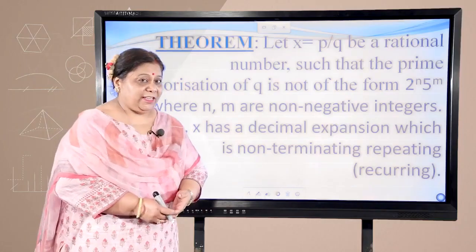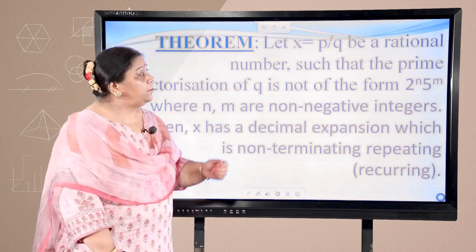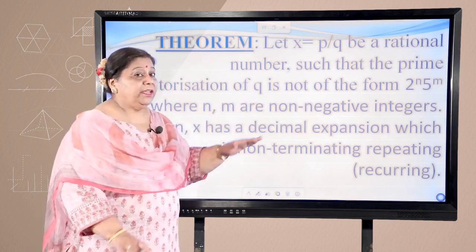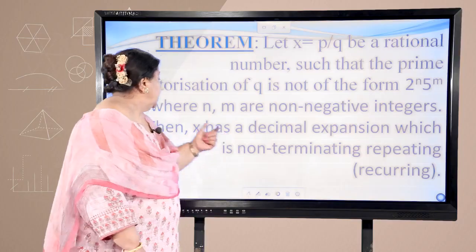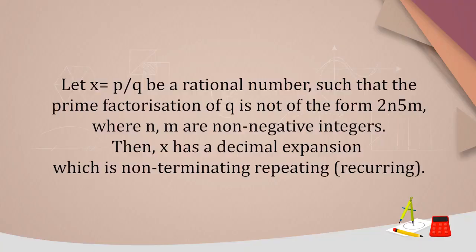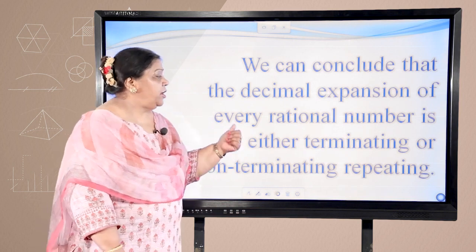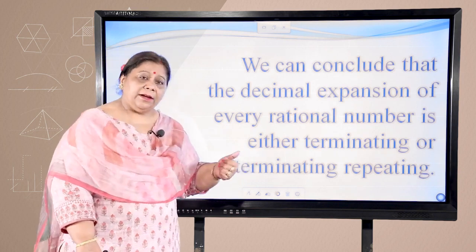We have another important theorem here which states that let x is equal to p upon q be a rational number such that the prime factorization of q is not of the form 2 to the power n into 5 to the power m, where n and m are non-negative integers. Then x has a decimal expansion which is non-terminating, repeating, that is recurring. So, we can conclude that the decimal expansion of every rational number is either terminating or non-terminating, repeating.